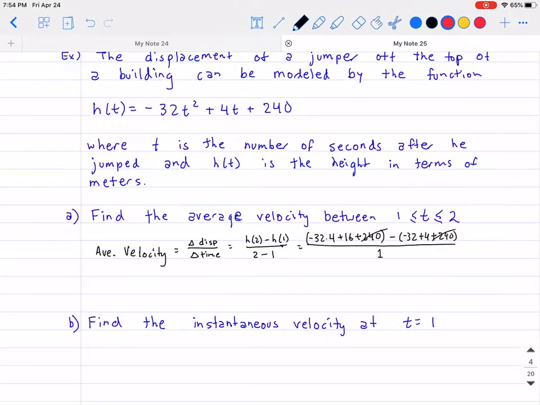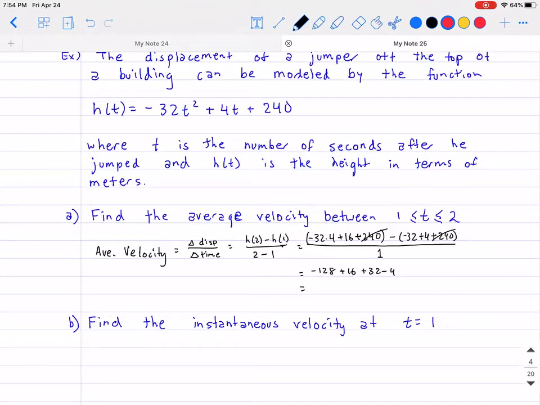Let's see, some of this stuff can cancel out. We have the 240s, they can cancel each other out. We have negative 32 multiplied by 4, that is equal to negative 128. So let's go ahead and write that out. So negative 128, and then plus 16, and then plus 32, and then minus 4.